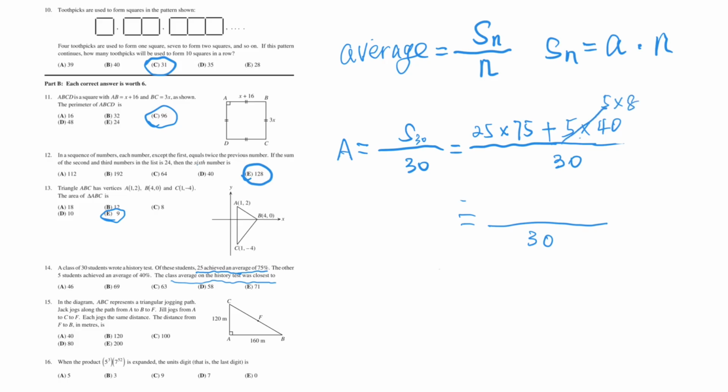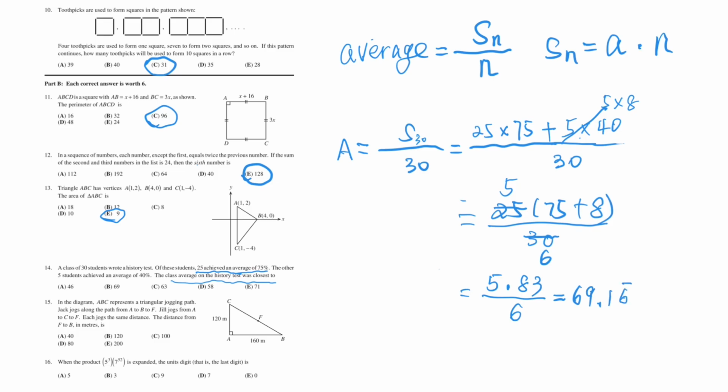So we have 5 times the quantity 5 times 75 plus 8, cancel the 5, over 6. That equals 5 times 83 divided by 6, which is 69.16 repeating.